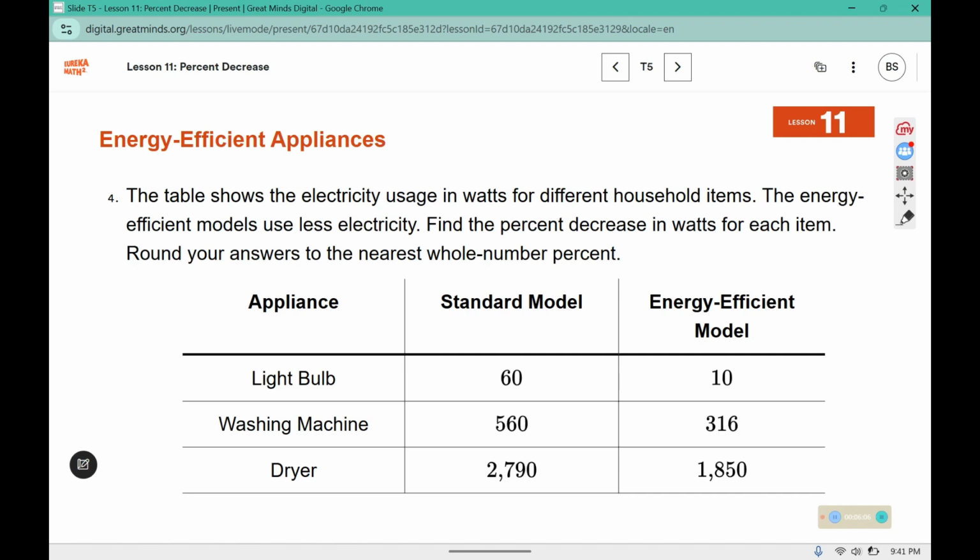When it asks for the percent decrease, we need to figure out how much did it decrease. So we'll subtract. 60 minus 10 is a decrease of 50. For the light bulb, it was originally 60 and it decreased by 50.